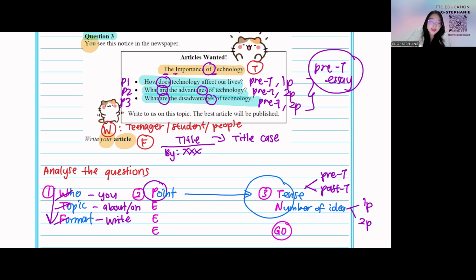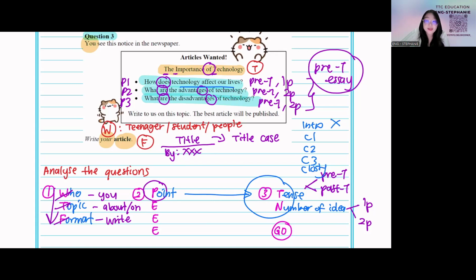All right. So what I like to do after this is also to map out which point I need to put in which part of my essay. Is it in the introduction? Is it in the content? Or is it in my conclusion part? So to me, since they want how technology affects our life, I have intro, content one, content two, content three, your closing, right?